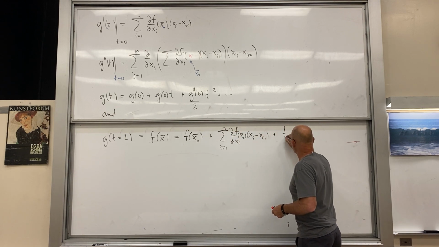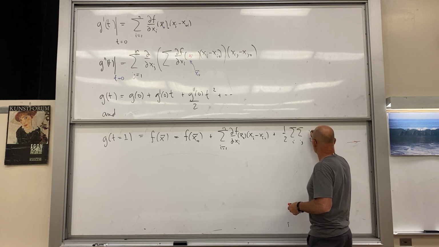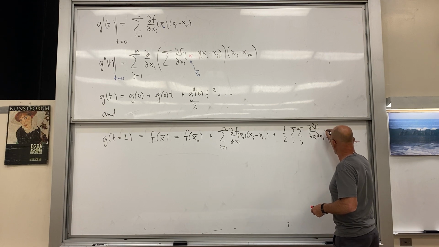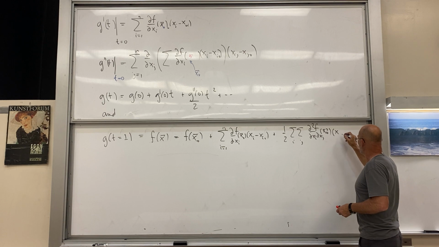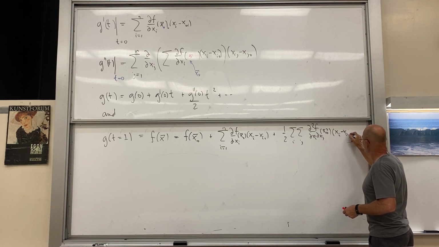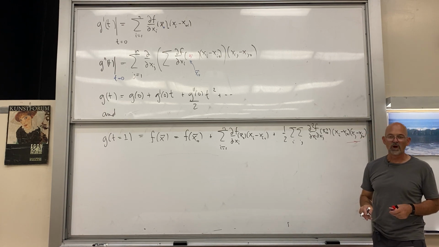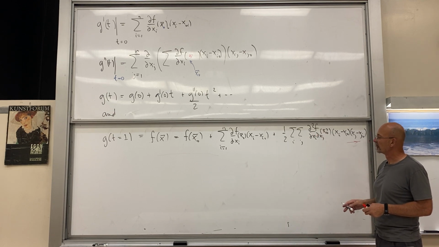I'm going to have 1/2 double sum ij d squared f dxi dxj of x0, xi minus xi0, running out of room, xj minus xj0. And any higher terms you could write down, but you wouldn't want to, because you'd have a triple sum and so forth.